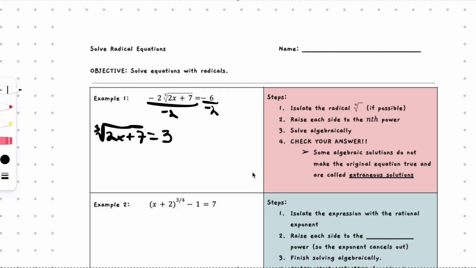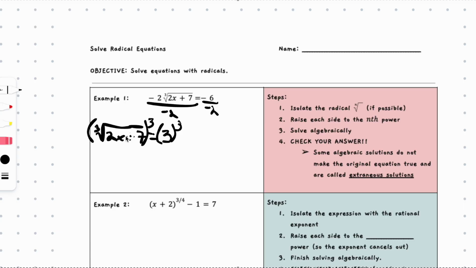Now what we want to do here is raise it to the nth power, where n is our index. In this case, it's 3. By raising to the third power, we have to do this to both sides. We're undoing this radical. As I said before, we want to see what we're doing to x and then do the opposite.